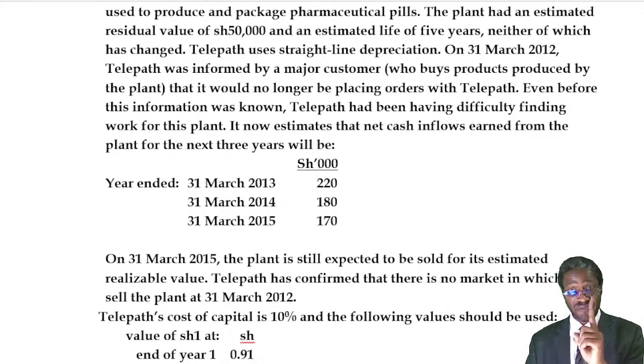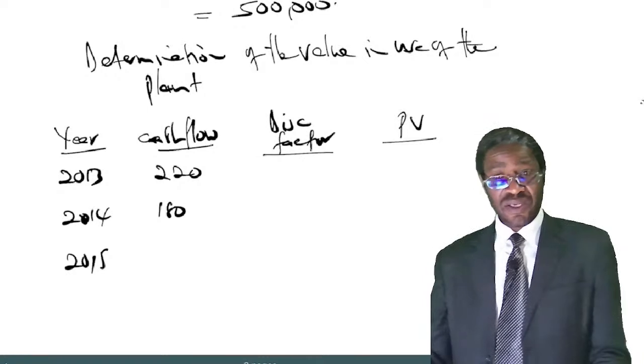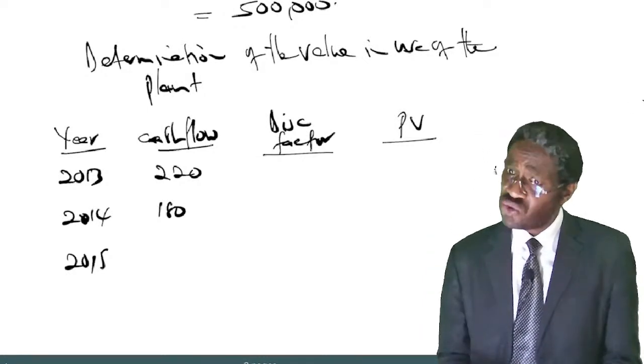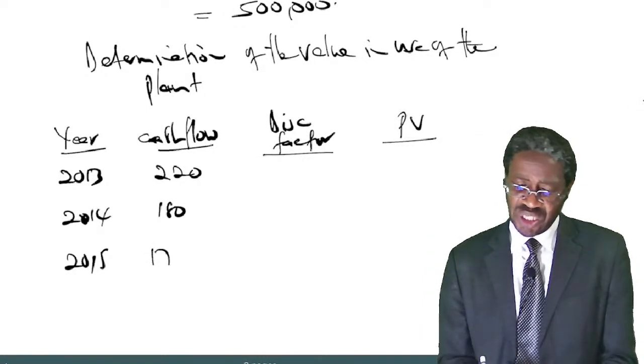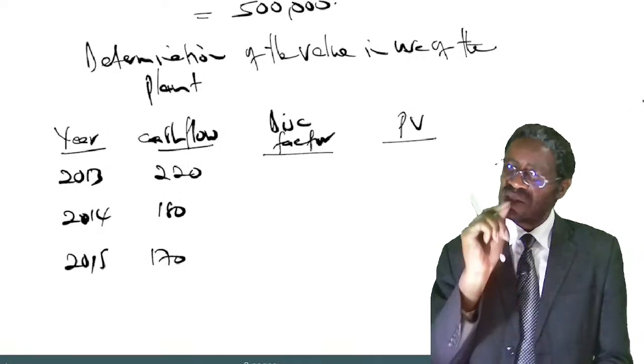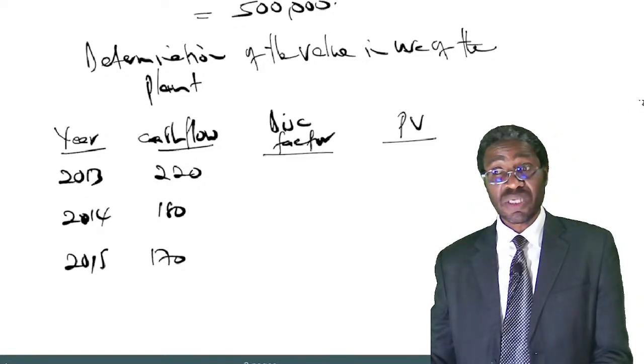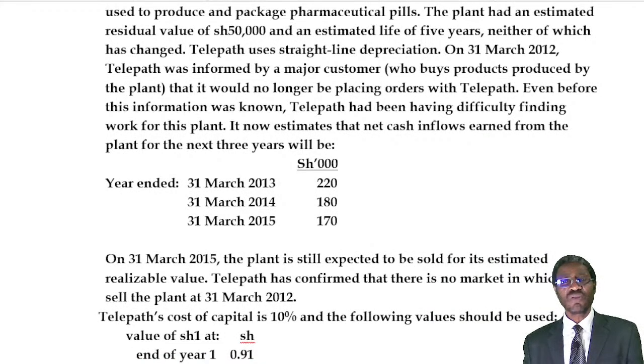Now listen carefully. There is an issue there in the final year. Listen, as much as it's true, we shall generate 170. Remember, somewhere we were told, just below that table, that on 31st March 2015, the plant is expected to be sold for its estimated realizable value.